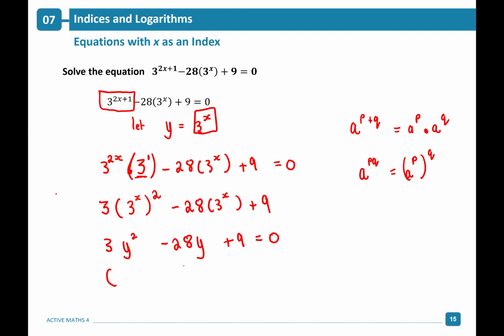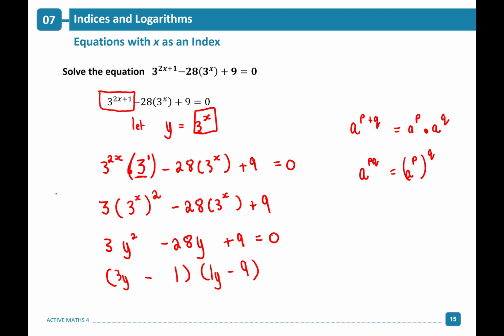We have a quadratic equation, so we need to solve for our quadratic equation. To solve for your quadratic equation, you factorize. By factorizing, we mean that we multiply our end terms together.